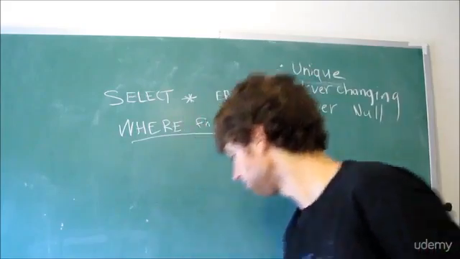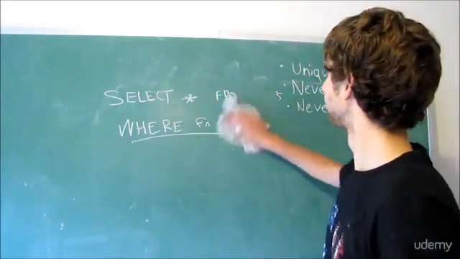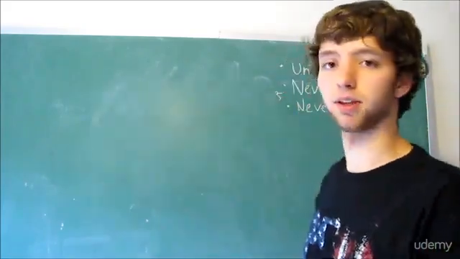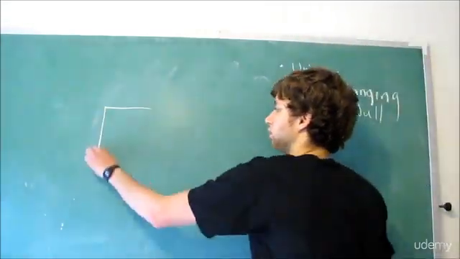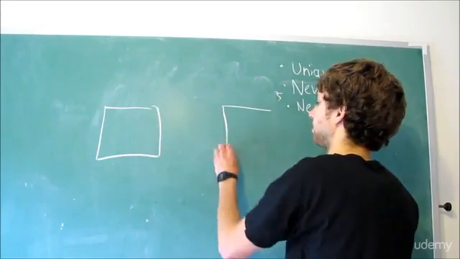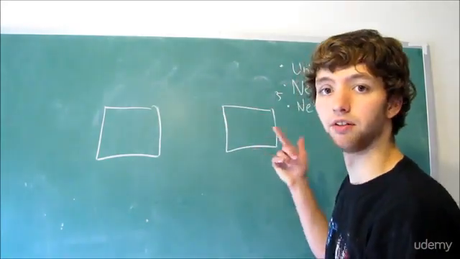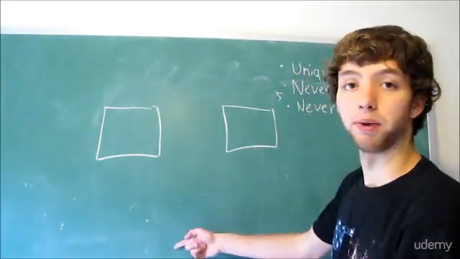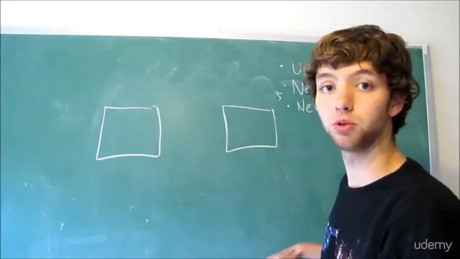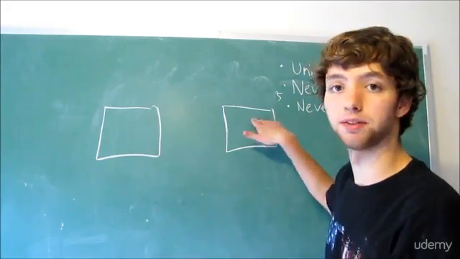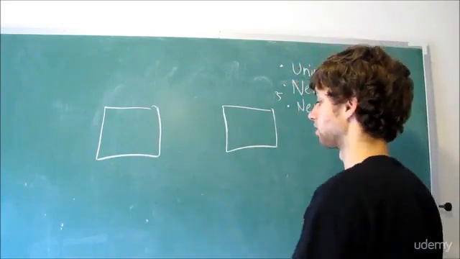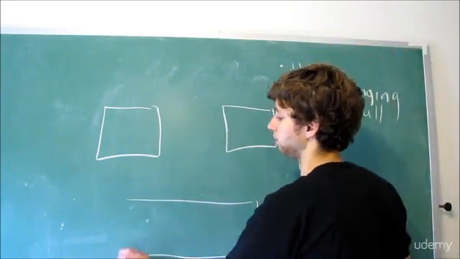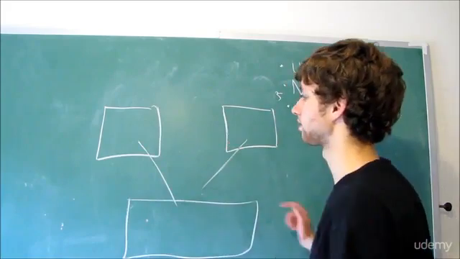Another thing we commonly do are joins, which is basically combining two tables. And I'm not going to go into all the syntax for all that. Basically, if we have a table over here, users, and then a table over here, comments, and we want to generate a new view where we have all of the comments from a user and all of the information about that user, we can join these tables.